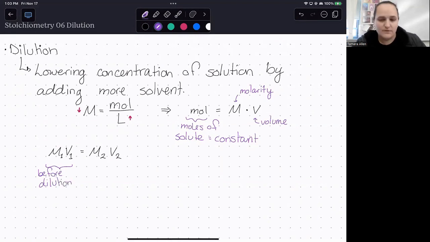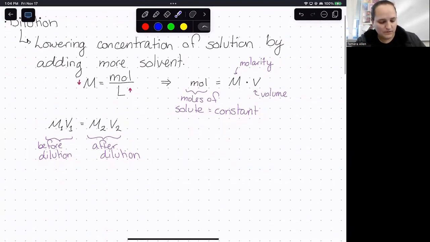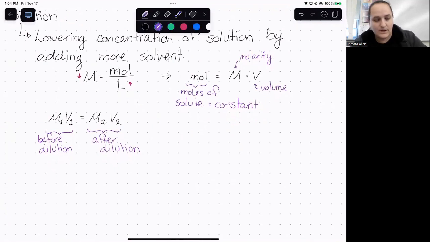So the molarity times the volume before the dilution is going to be equal to the molarity times the volume after the dilution. Since we know that molarity times volume is moles and the moles are staying constant throughout a dilution process, this relationship is going to be true. And this allows us to do all sorts of calculations relatively easily when you are dealing with a dilution type situation.